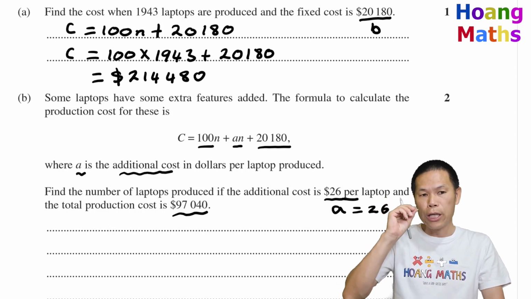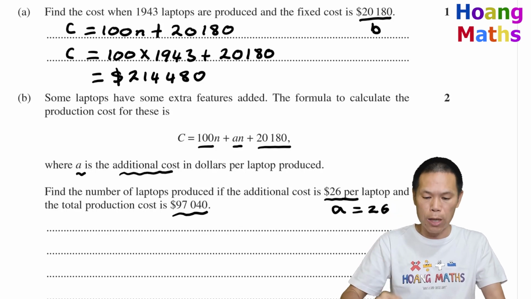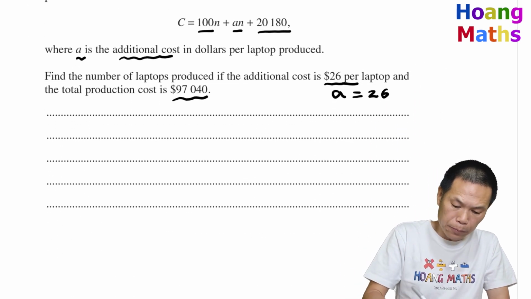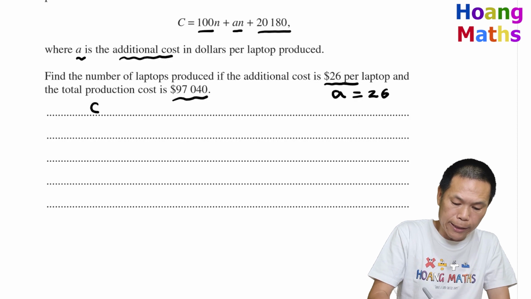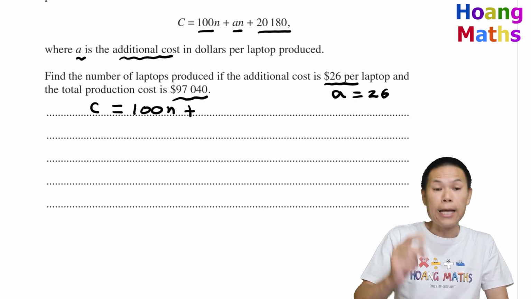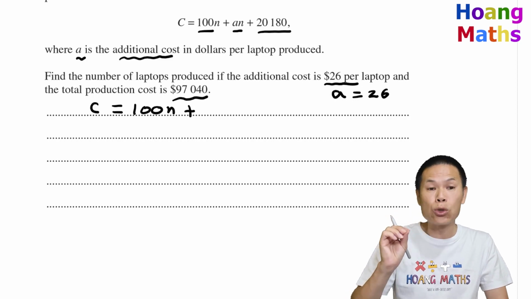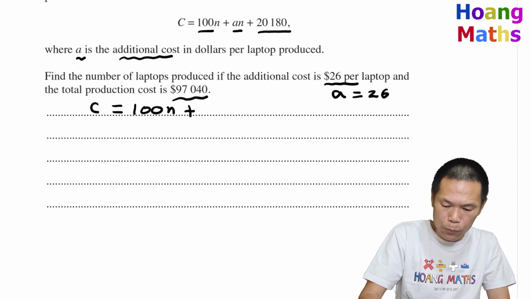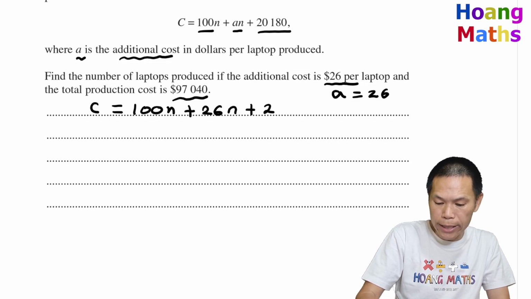Okay, so let me just substitute this into the formula. So C is 100N plus AN, and A is 26, so that is 26N. We add 20,180.